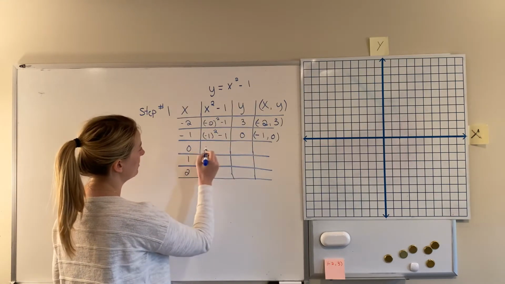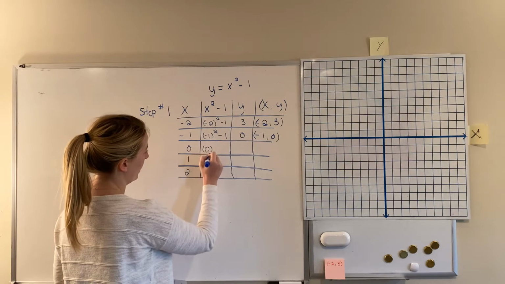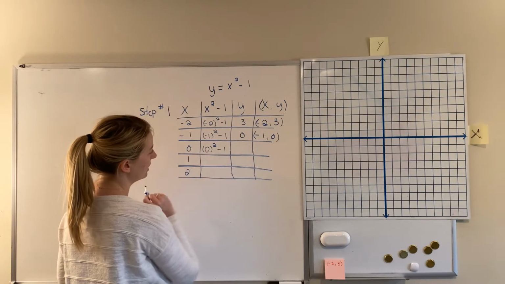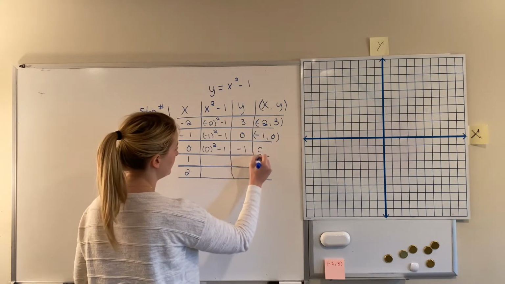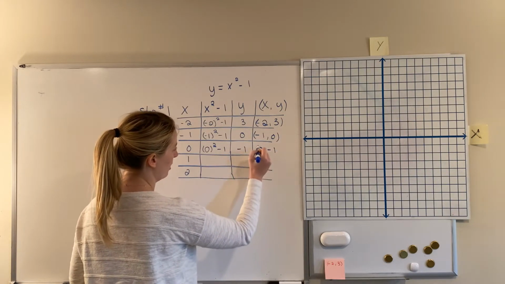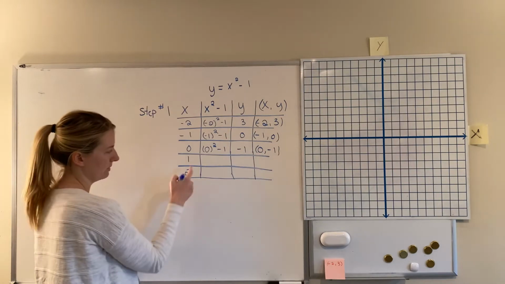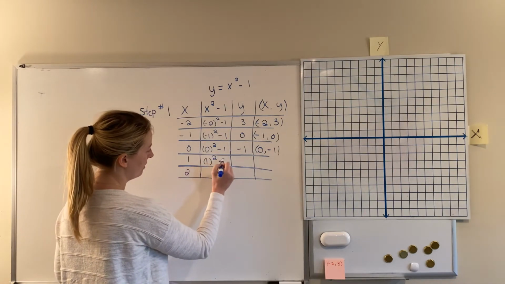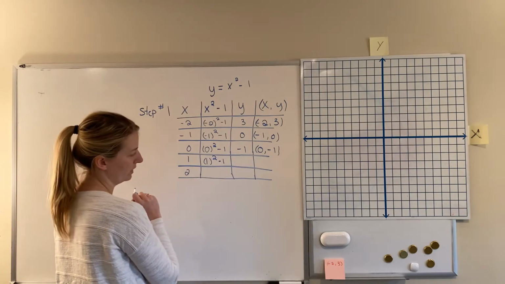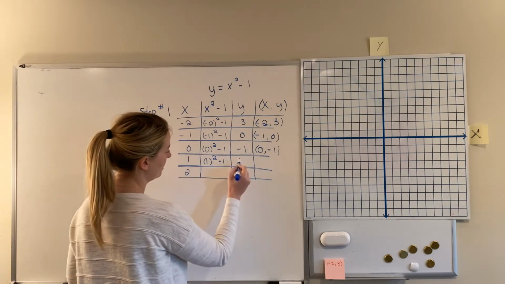Continue for 0, 0 squared, minus 1. 0 squared is 0, minus 1 is -1. So when x is 0, y is -1. Keep going. 1 squared minus 1. 1 squared is 1, minus 1 is 0.